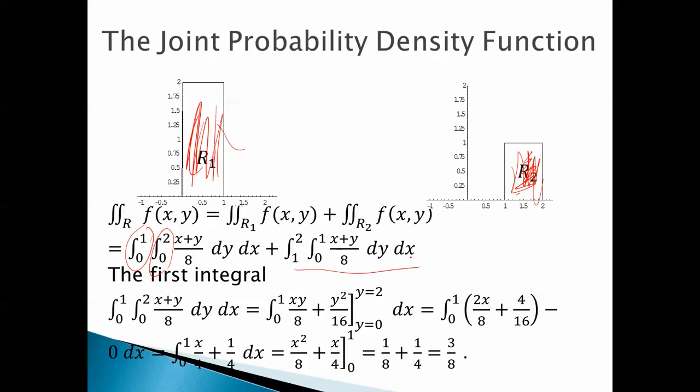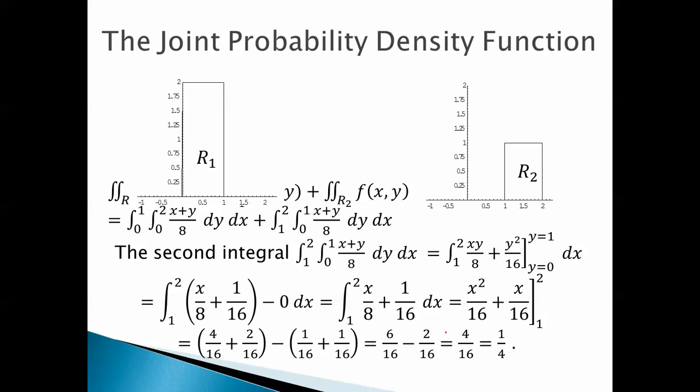Now the first integral, from 0 to 1, 0 to 2, x plus y over 8 dy dx, when you evaluate that, you end up with 3/8. The second integral, from 1 to 2, 0 to 1, x plus y over 8 dy dx, when you evaluate that, you end up with 1/4.